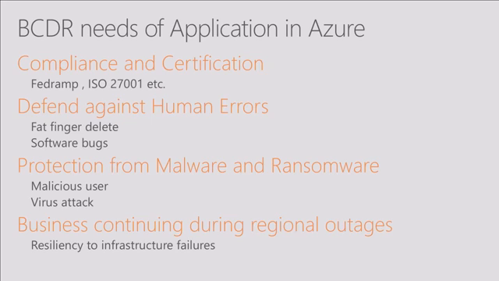Yes, you will also get the benefit of regional outage coverage and resiliency against infrastructure failures if they happen in unforeseen scenarios. So for these four reasons, we all need to think about a BCDR strategy for our application, invariably of which platform they are running on, whether private cloud or public cloud.